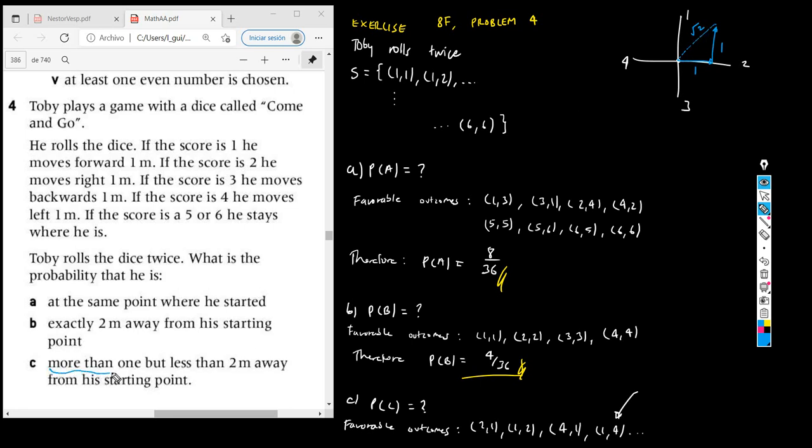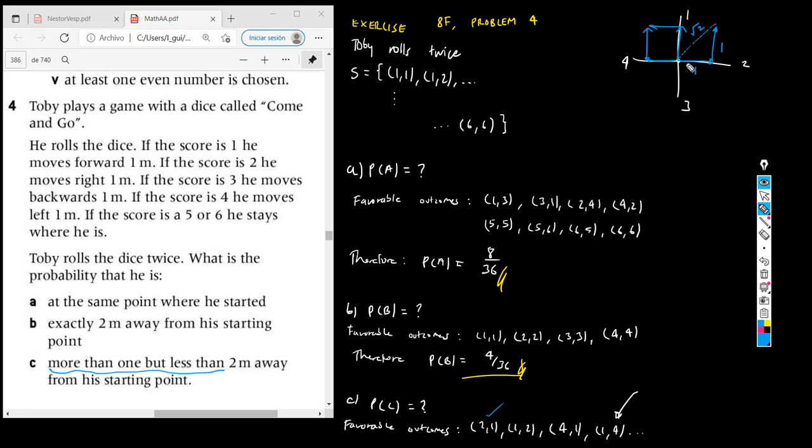So 2, 1 is a favorable outcome, which is going this way and then this way, or 1, 2, or 4, 1, or 1, 4. You see, this is one outcome, this is another outcome.